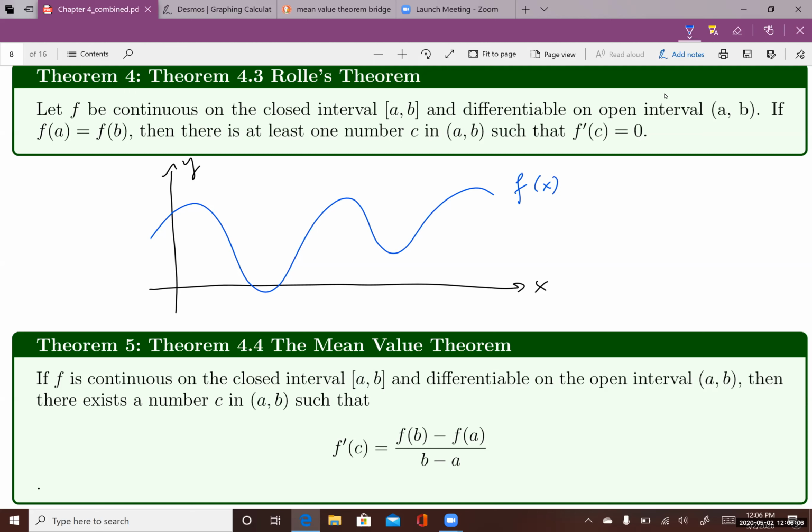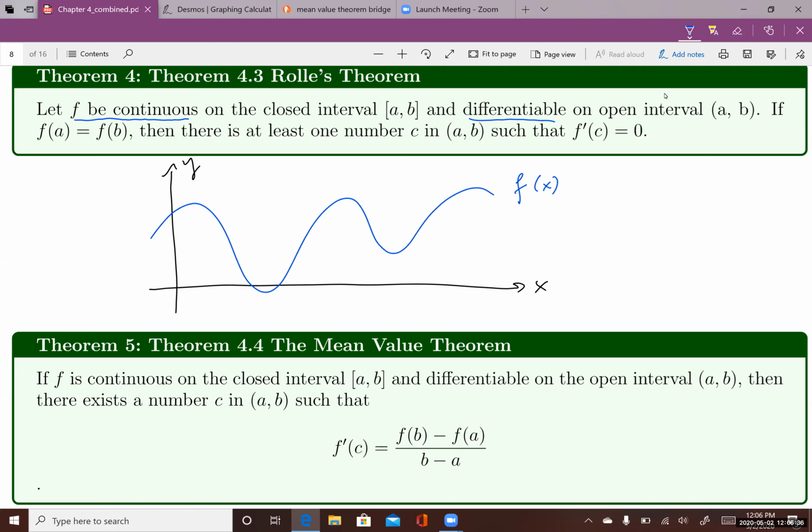This function is continuous on the closed interval from a to b, and is also differentiable on the open interval from a to b. Differentiable means you can find the derivative of this function at any point in between a and b. So there are two conditions we need to satisfy. First is continuity, second is differentiability.